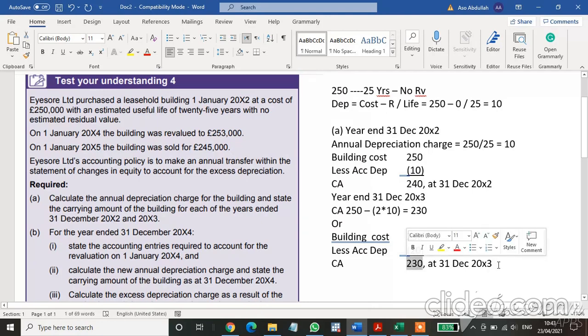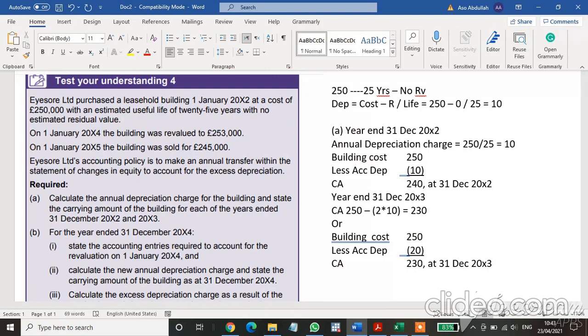So when we revalue it, the price increased to 253. So 253 minus the current value 230, then minus accumulated depreciation 20, gives us 3,000. This 3,000 we call revaluation gain.